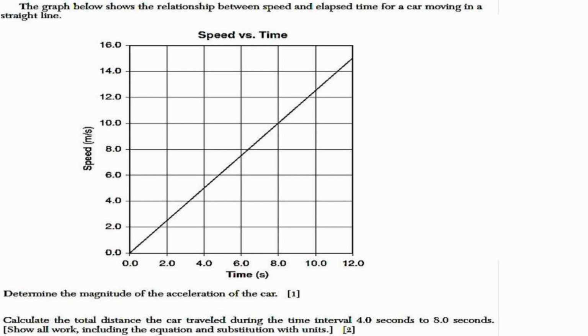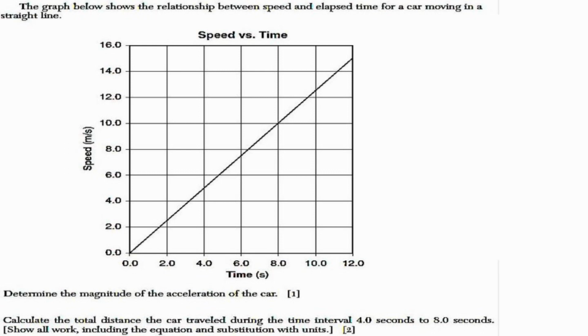Question 1 asks us to determine the magnitude of the acceleration of the car, and question 2 asks us to calculate the total distance the car traveled during the time interval 4.0 seconds to 8.0 seconds. We're also asked to show all work, including the equation and substitution with units.